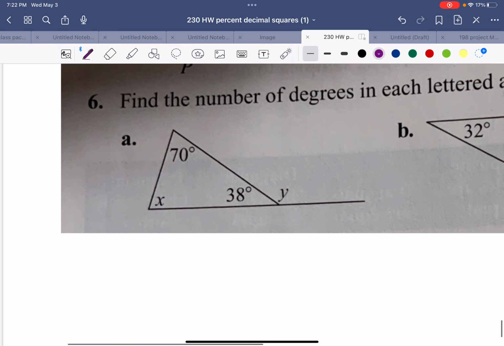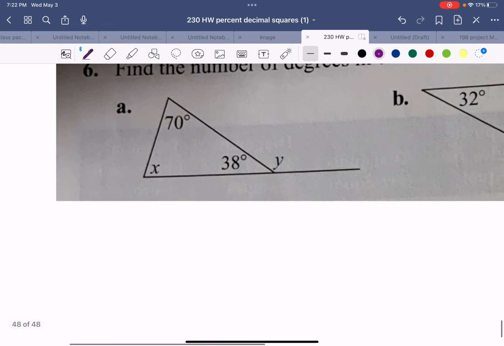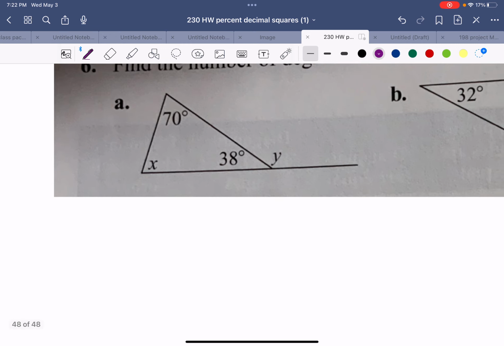So if I take a look at number 6, part A, I've got to find X and Y. So X is an interior angle of that triangle. So this angle, and this angle make up the three angles of my triangle. So I'm going to have to take 70 degrees plus 38 degrees plus my X, and that's got to equal 180 degrees, okay?